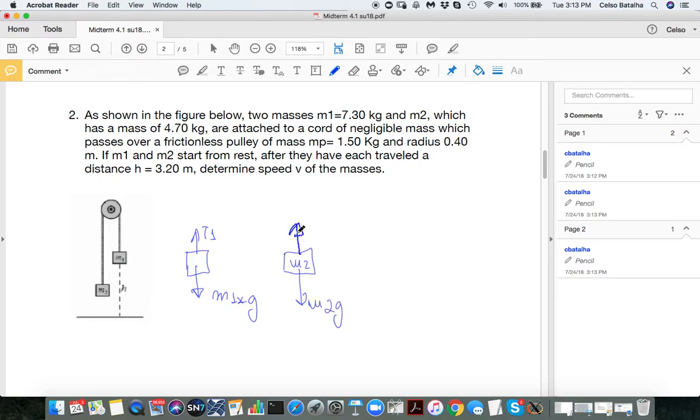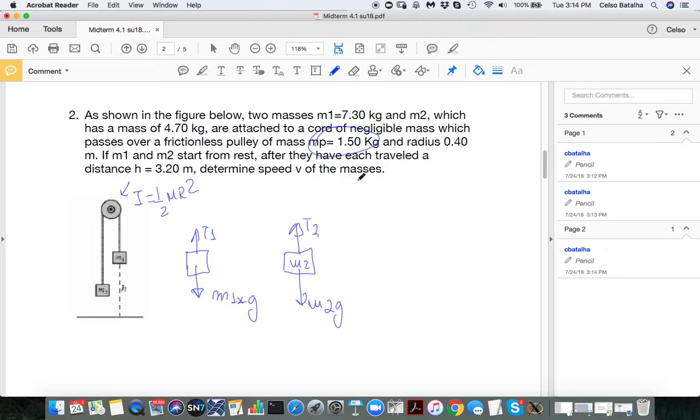And for the mass 2, you have also, this is M1G, this is M2G. Now, here's the different thing. The tension now is different. It's not the same because your pulley has mass, okay? And your pulley has a moment of inertia, which is given by some standard equation.